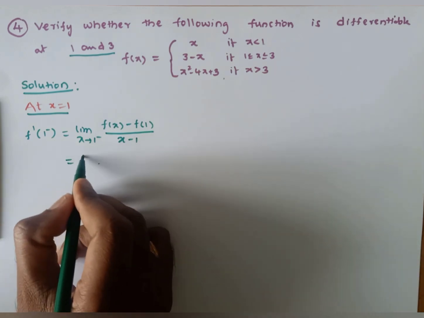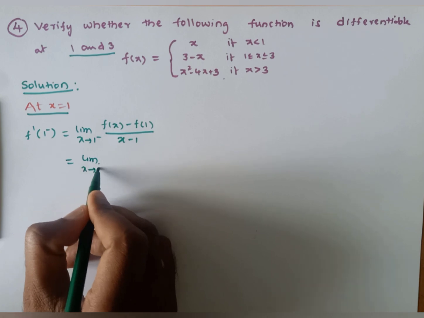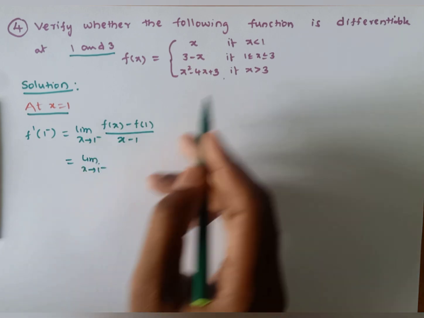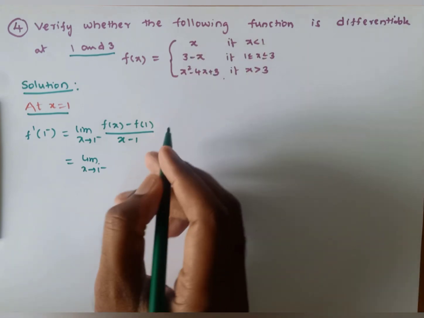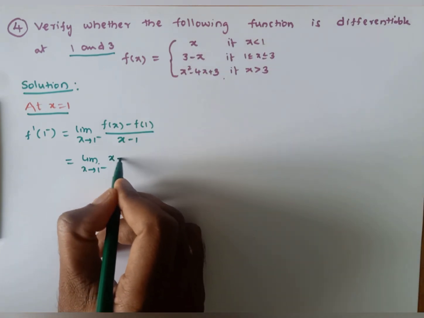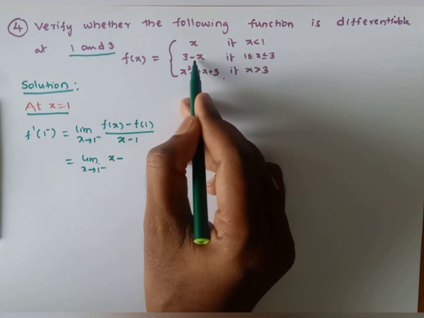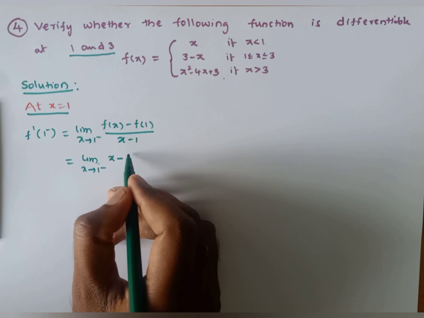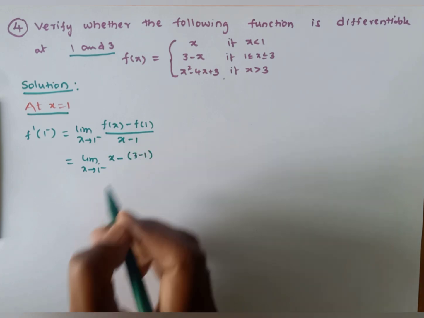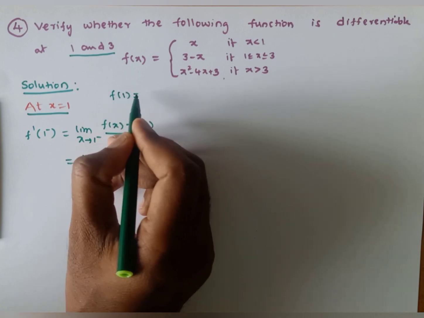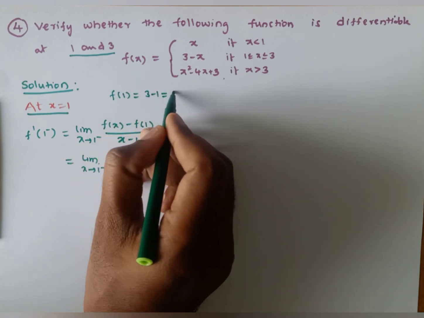Now limit x tends to 1 minus, so f of x for x tends to 1 minus is nothing but x less than 1, x is defined here as x, minus f of 1. When x equals 1, the function is 3 minus x. So x equals to 1 exactly, then it is 3 minus 1. So find out f of 1 first. f of 1 equals 3 minus 1, that is 2.